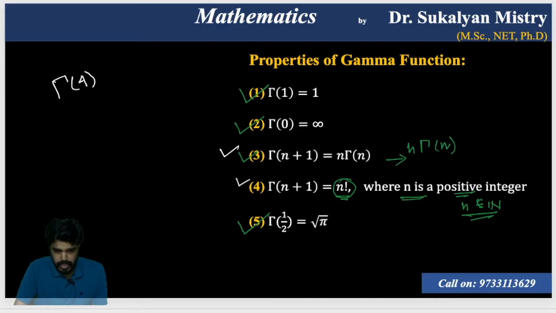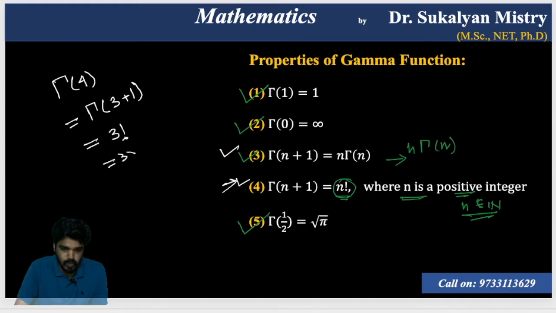Gamma(4) can be written as gamma(n plus 1), and gamma(n plus 1) is factorial n when n is a positive integer. So that is factorial 3, which is 3 into 2 into 1. So, this is 6.